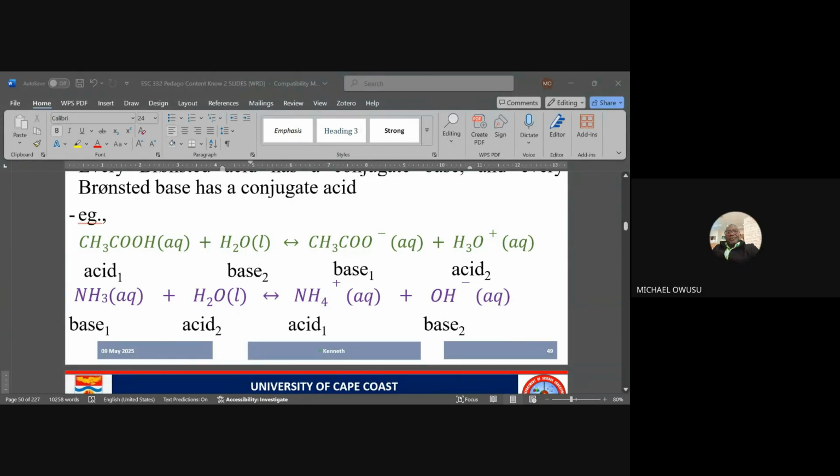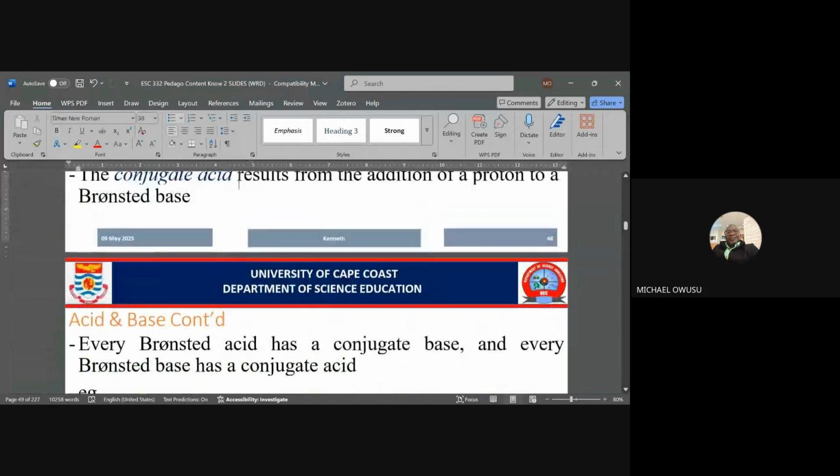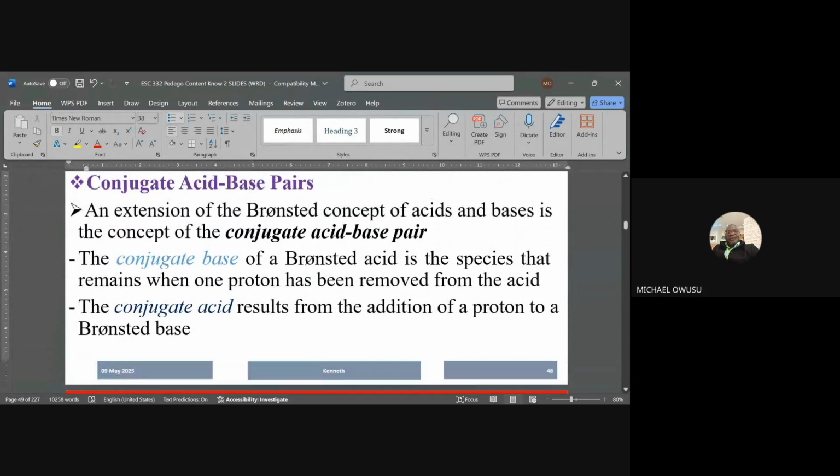You are welcome back. Good. So we are continuing. This is a new subtopic we are looking at, and that is acid-base conjugate pairs.